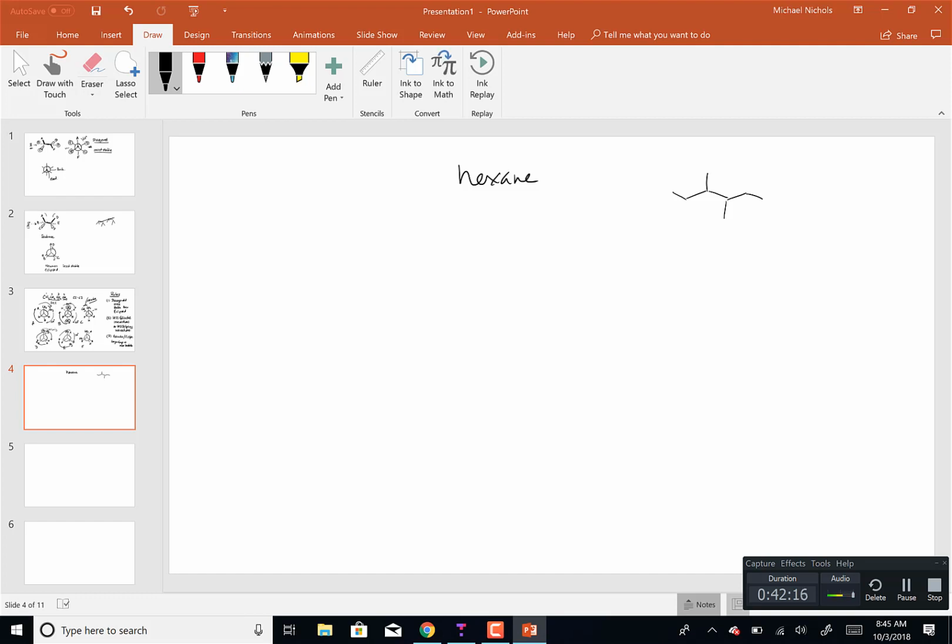Okay, so let's say we have 3,4-dimethyl hexane. And I want you to look down the C3-C4 bond. Can you write all of the staggereds, all of the eclipse conformations, and then rank them in energy from number 1 to number 6, indicating any ties where appropriate?